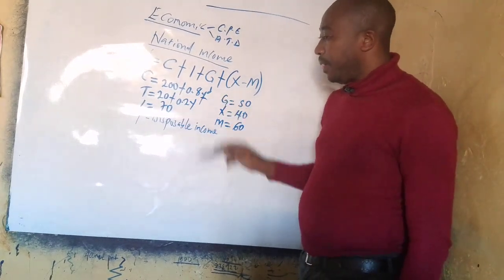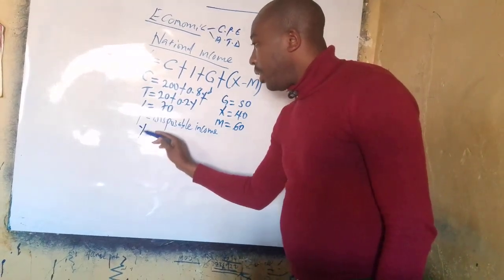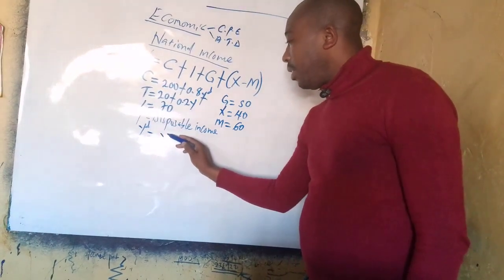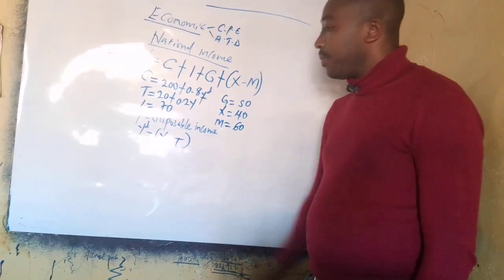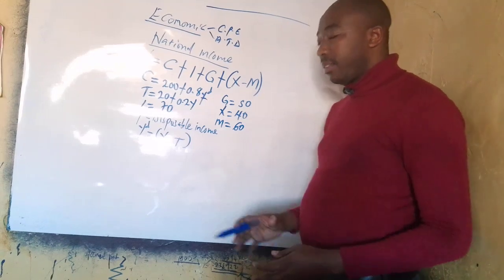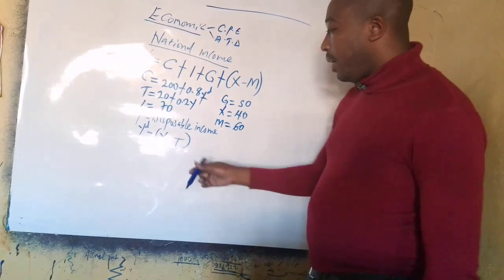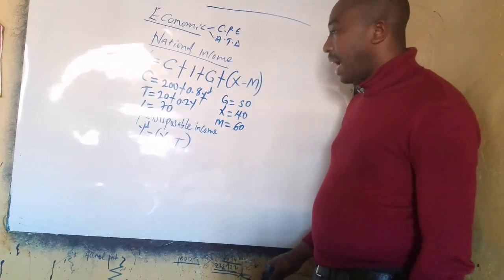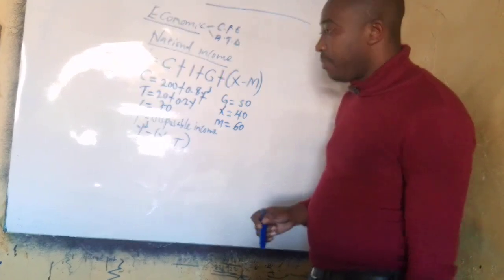It is good to note that anywhere you see this YD, we take the income you are having minus tax. Disposable income is the income less tax. That is the free money you have now. You can spend the way you want once you have deducted the government tax. So Roman 1, we are being told to compute the national income, very simple.